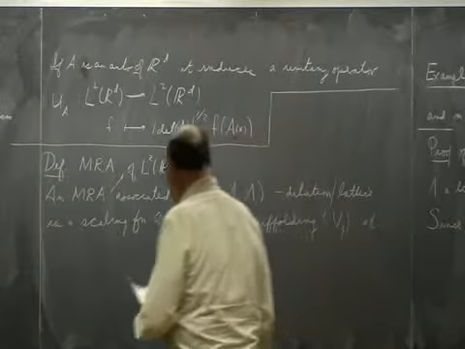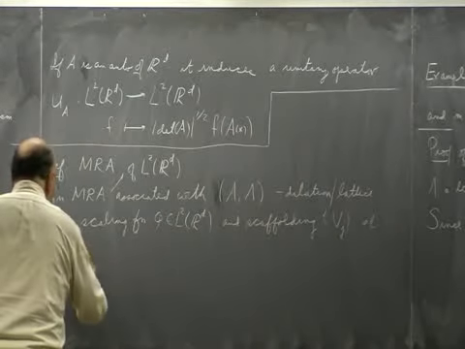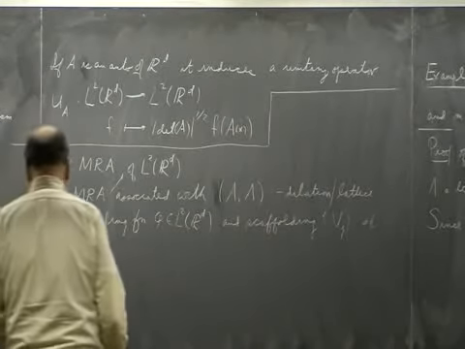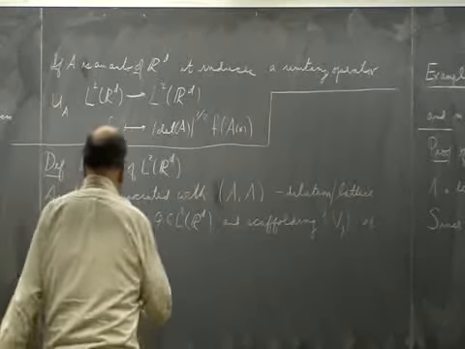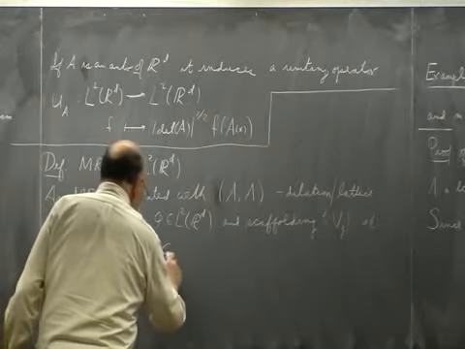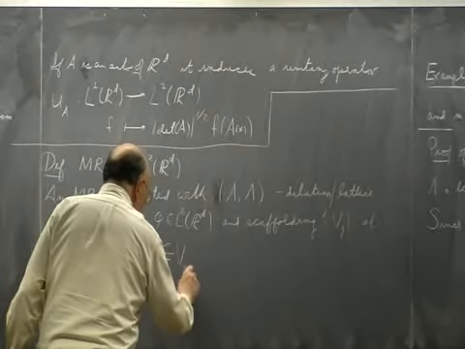such that the following holds. 1, for all J in Z, VJ properly contains VJ plus 1.